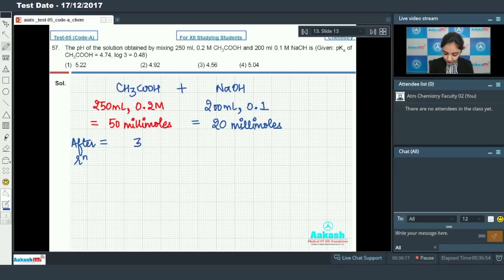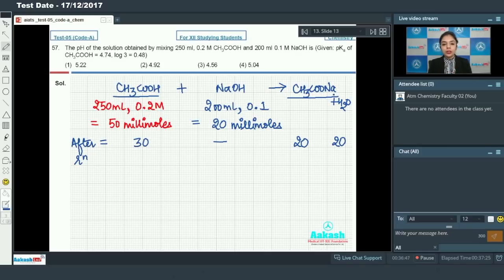It will be equal to 30. All NaOH will be consumed and it will form CH3COONa plus water. So here 20 millimoles will be produced of sodium acetate and water. Now you have in the mixture acetic acid and CH3COONa.